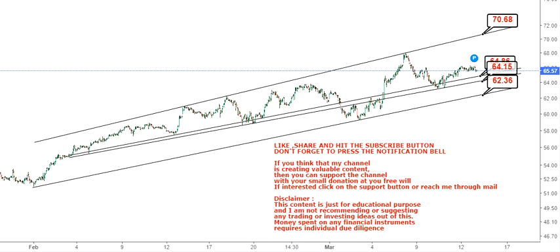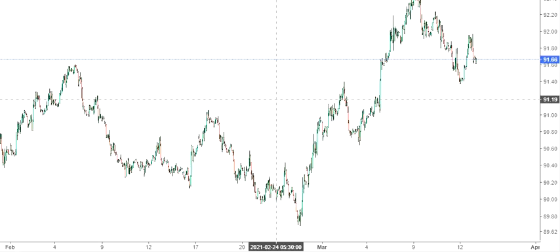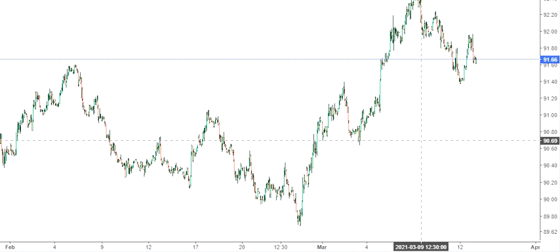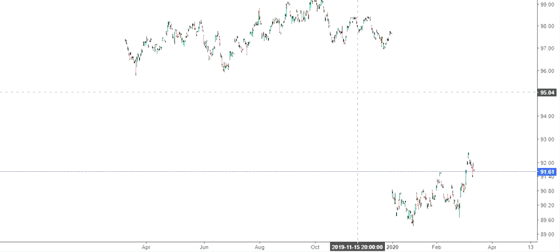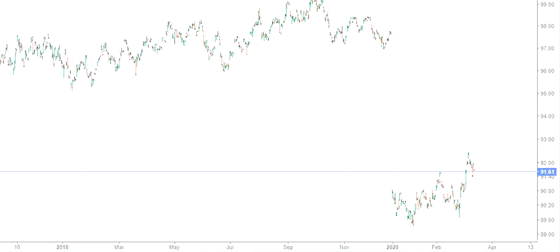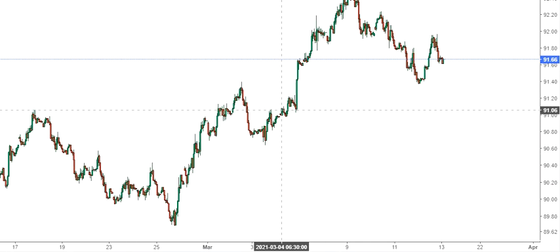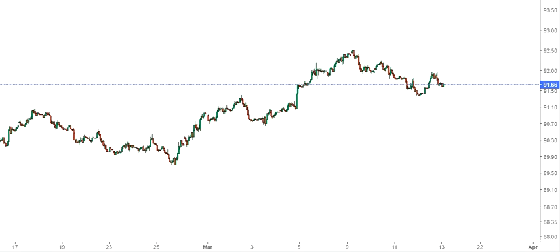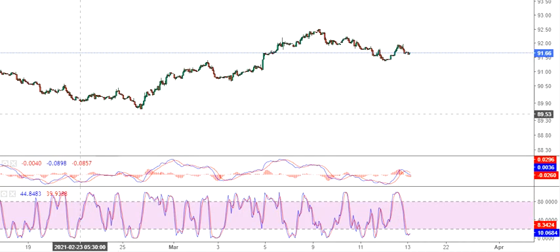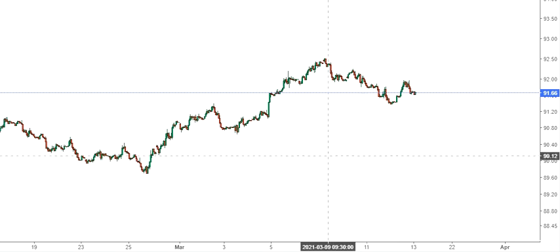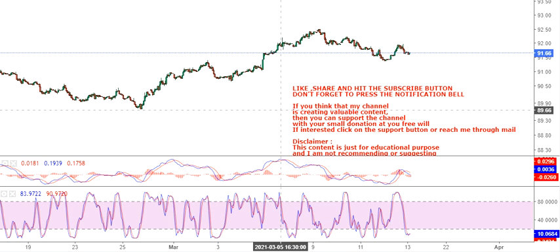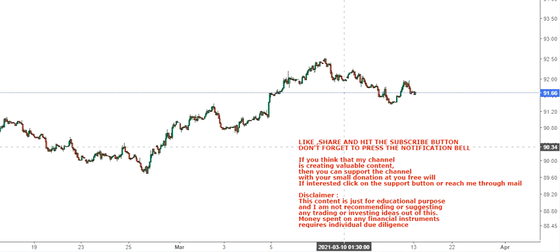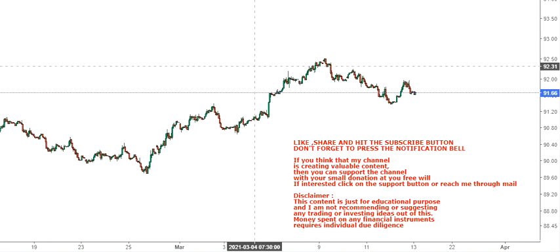Now there is one more thing which is very important to talk about, and that is the US dollar index. If you are looking at the long chart, along with the passage of the $1.9 trillion package, these kind of things will definitely slow down the pace of the dollar or crack the currency.